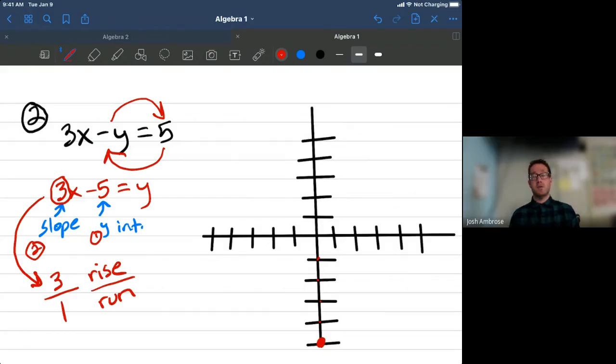Rise over run. I'm sure you guys remember hearing that from pre-algebra. Okay, so we have a +3, so we rise up 3, and then we have a run of 1, and that means run to the right. So here we go. From this dot down at -5, we go 1, 2, 3, then 1. Now we are right there.